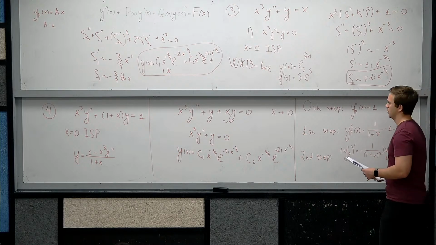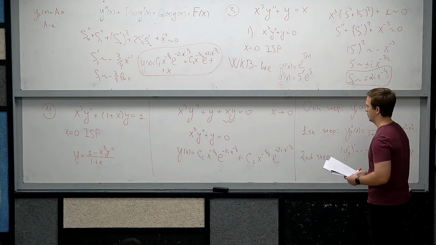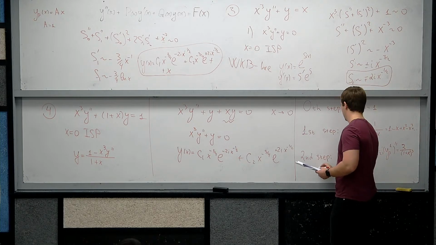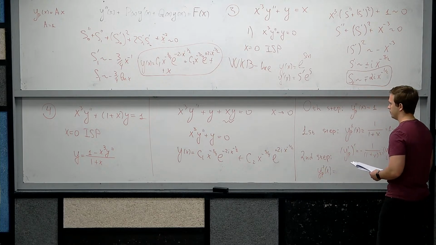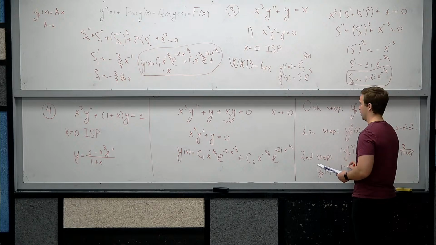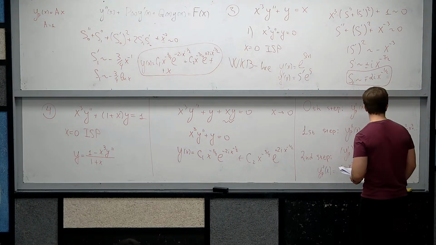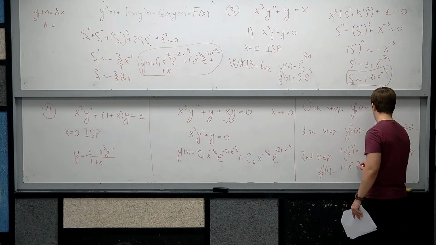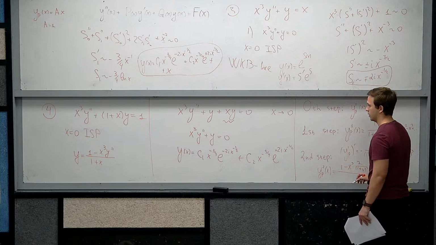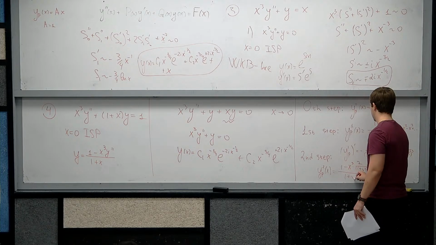And then we put this into y. The second step will look like 1 minus x cubed, and then this, all of this divided by 1 plus x.